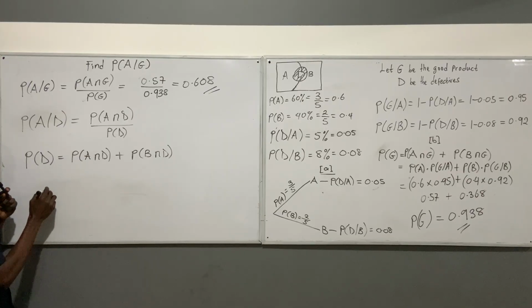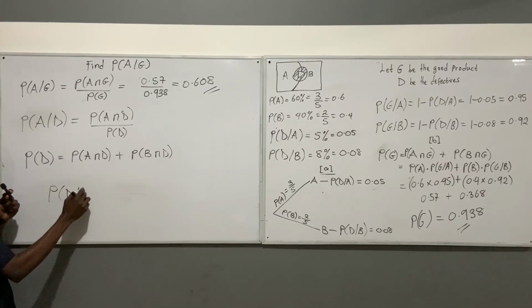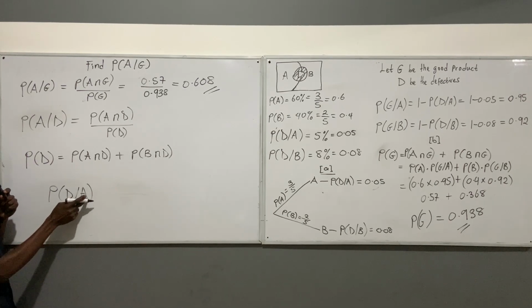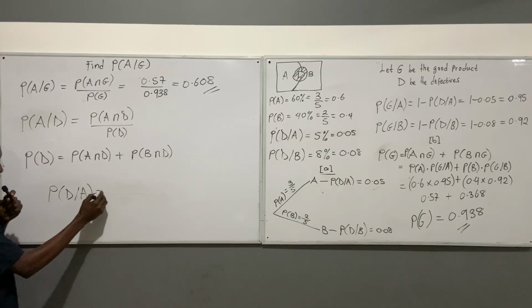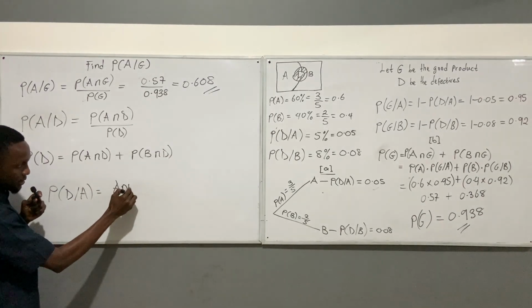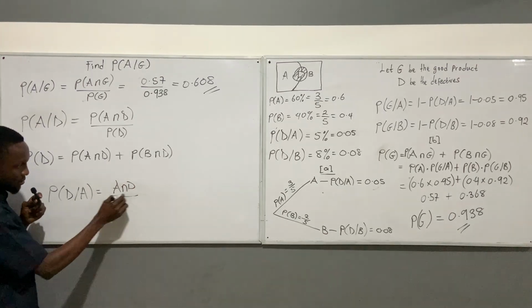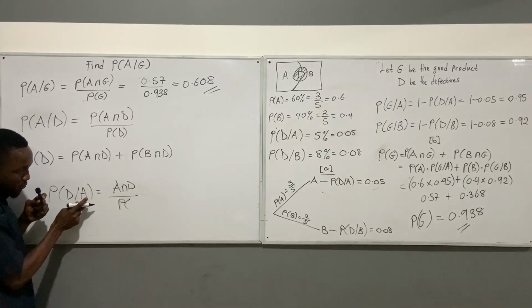So now we need the probability of what? D as A has occurred. This is the defective coming out from supplier A. And the result is giving us A intersection D or D intersection A, whatever way you want to write it, divided by the probability of the one we are conditioning on.